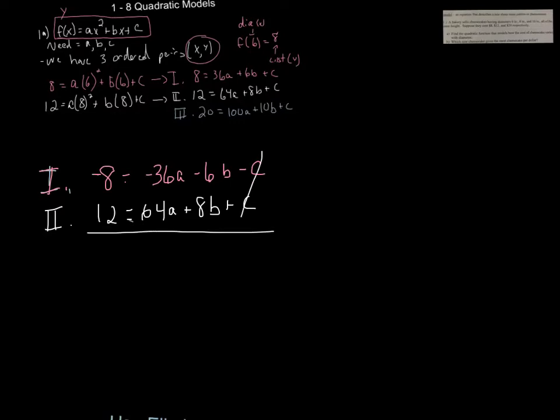And notice the c's are gone, and we have a new equation. It's 4 equals 28a plus 2b. Let's call this equation number 4.